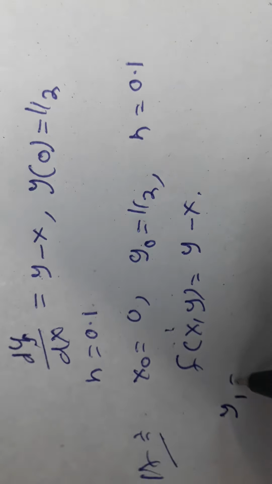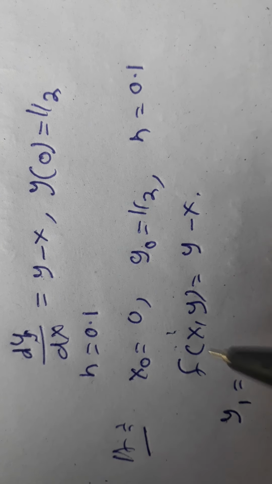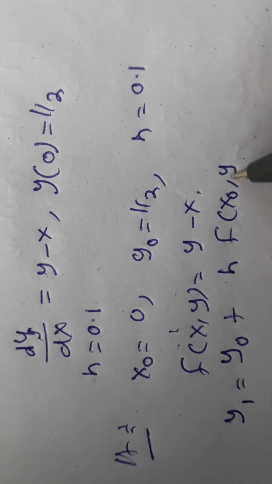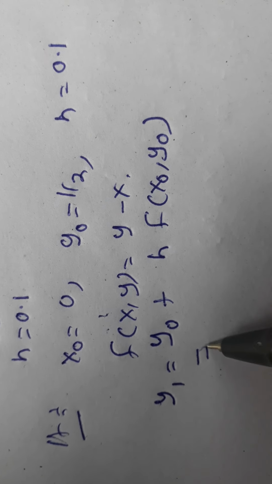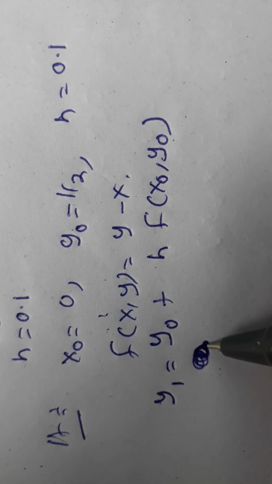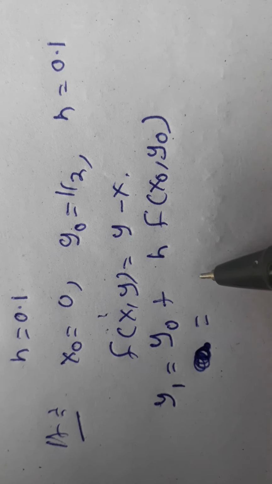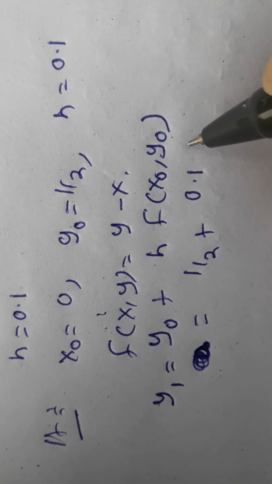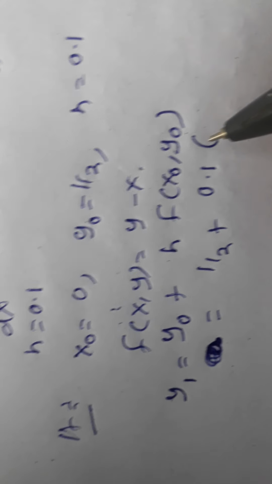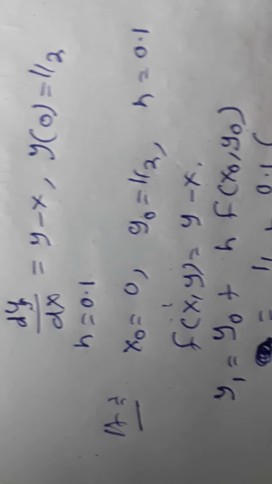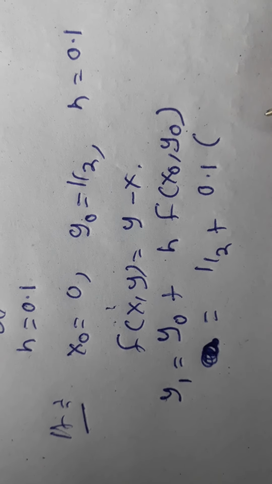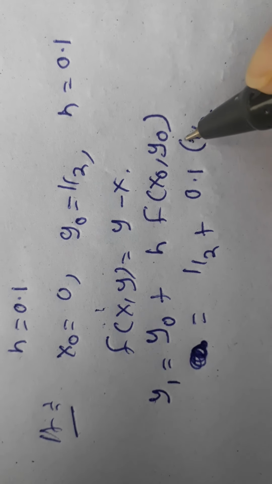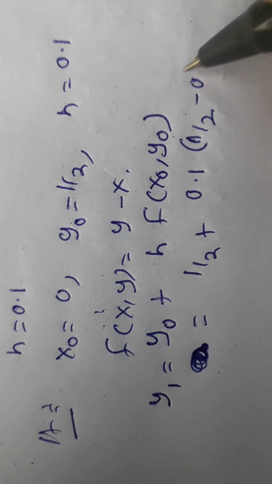We will solve it. y1 will be y0 plus h into f of x0 y0. y0 will be half plus h means 0.1, into f of x0 y0, which will be y minus x, means y0 minus x0. y0 will be half, minus x0 means 0.